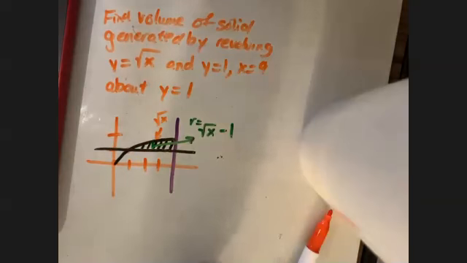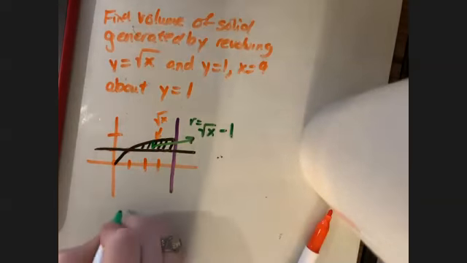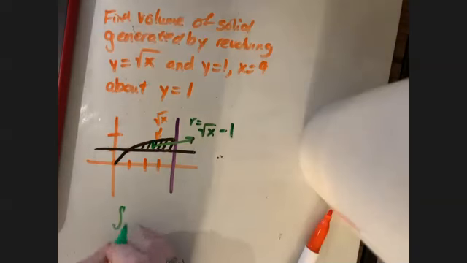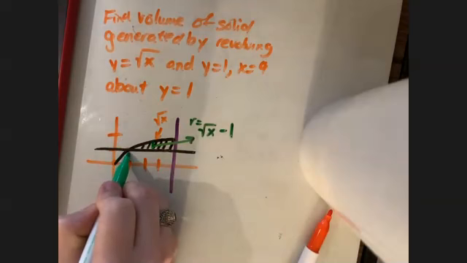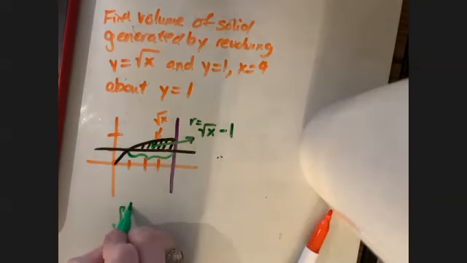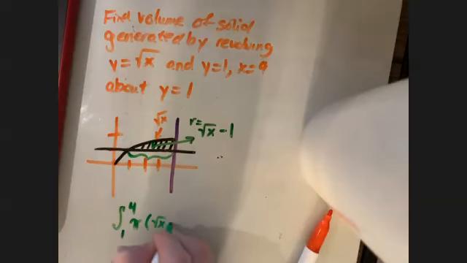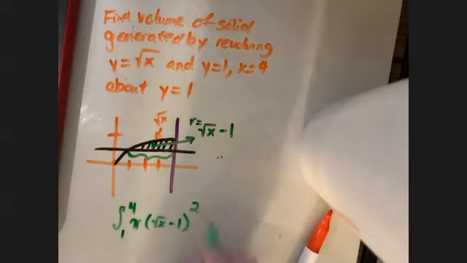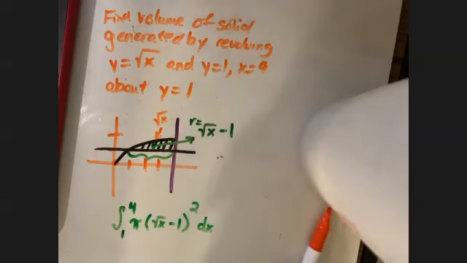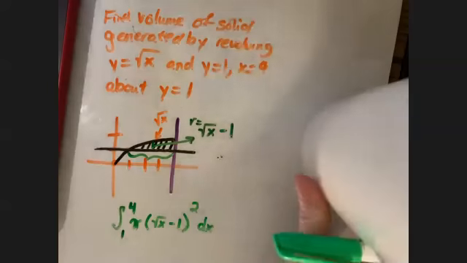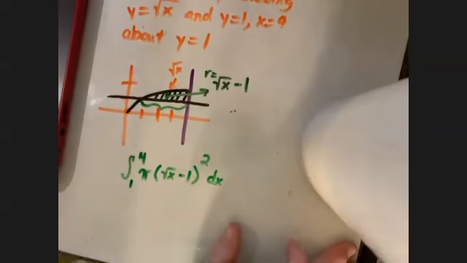Now we are going to have the integration from 1, because I'm only going from here to here. So that's from 1 to 4 of pi times square root of x minus 1 squared dx. Now, we can do a little bit of mathing here.